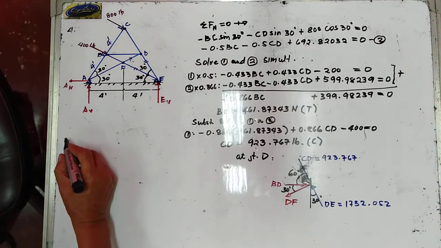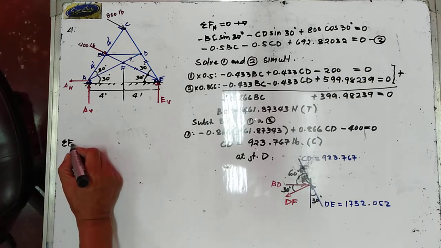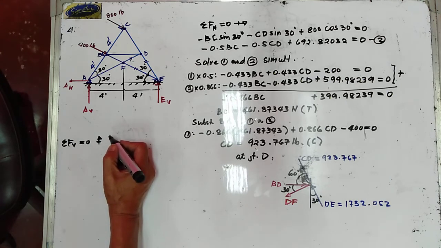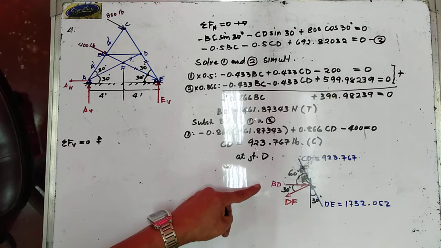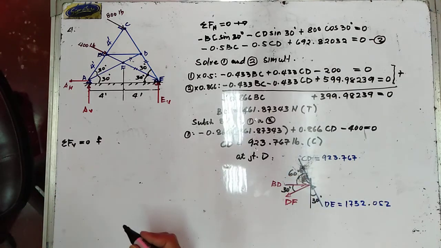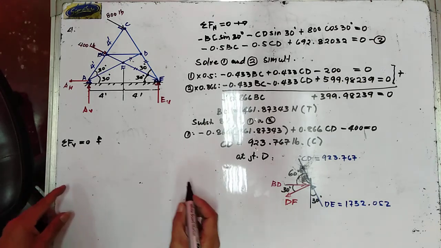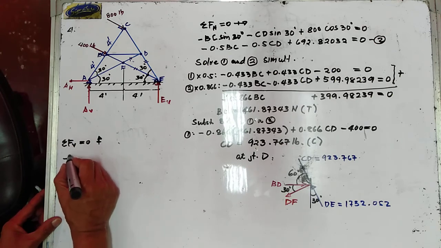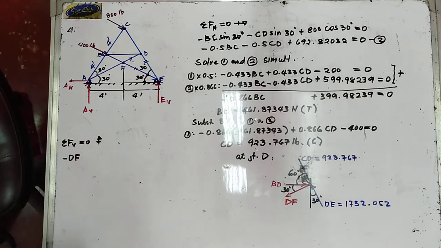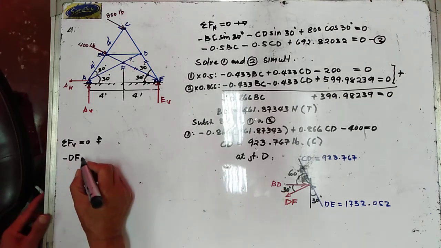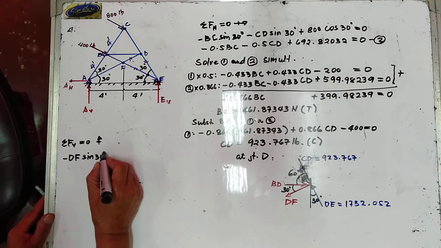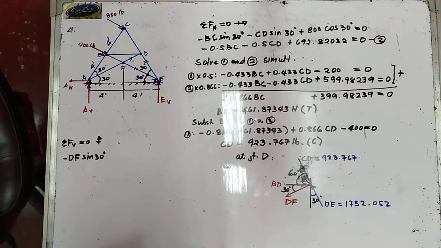Summation of forces vertical is equal to 0, upward forces positive. Your BD has no vertical component because it is directed in the horizontal direction. So we have your DF, whose vertical component is going downward, DF sine of 30 degrees, since 30 degrees is measured from the horizontal axis.